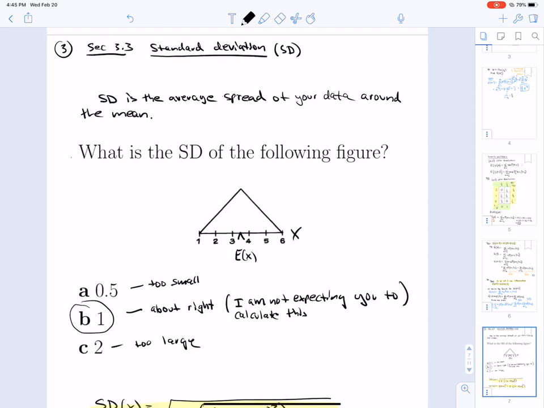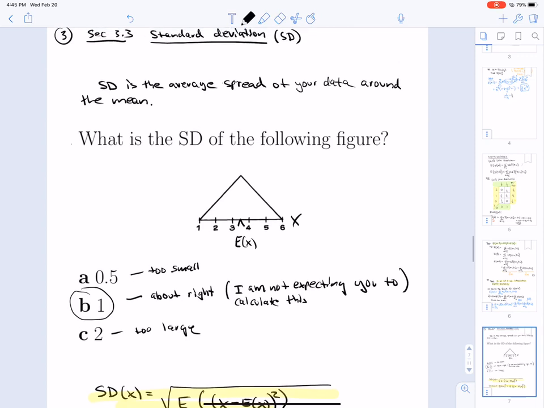Moving on to 3.3, the standard deviation is the average spread of your data around the mean. So, for example, in this picture where the mean is 3/2, you can see that the average spread should be around 1. 1/2 would be too small because we are getting some data values out around between 1 and 2 and between 5 and 6.